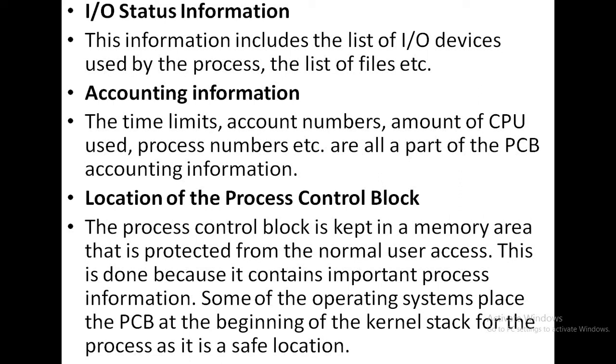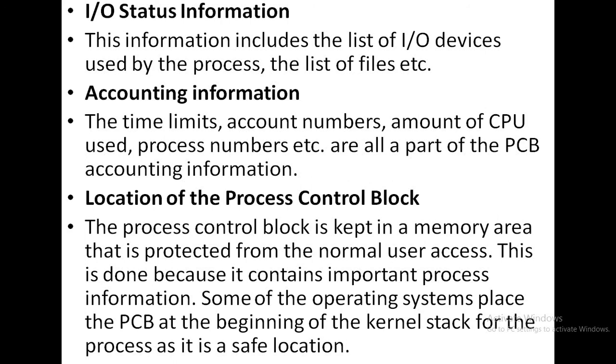Another important item is your IO status information. So IO status information stores the list of input and output devices used by the processes and the list of files.